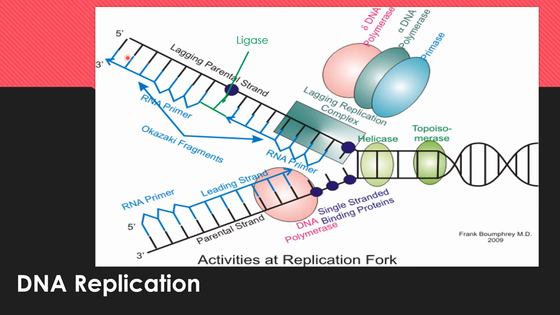And you can see these Okazaki fragments here. This is where the ligase enzyme comes in and glues the bases right in here to fill in that gap that would be there if the ligase was not there.